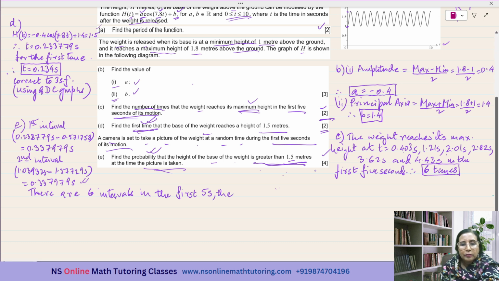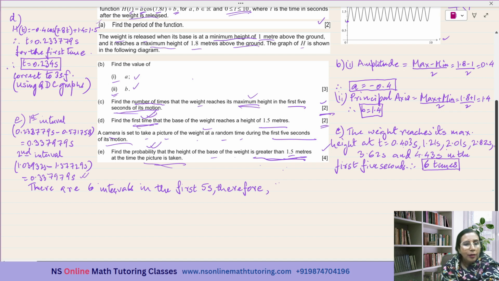Therefore, probability of height greater than 1.5 should be equal to 0.337979 times 6, because each interval is of this duration and there are 6 such intervals, which are favorable outcomes, over the total number of outcomes, that is the total time.